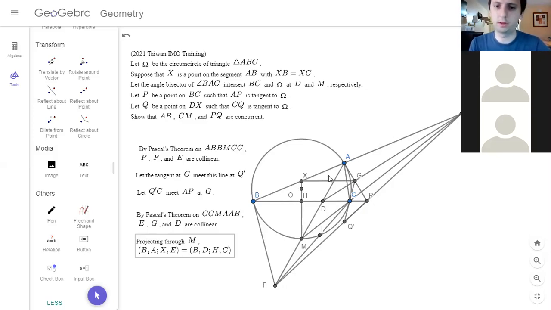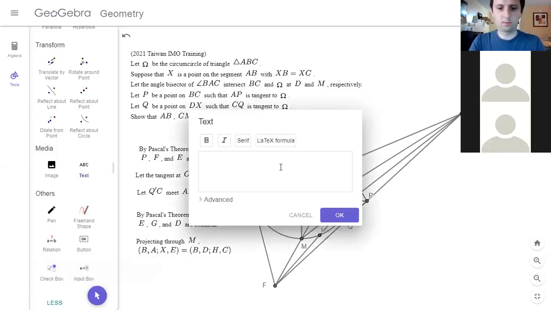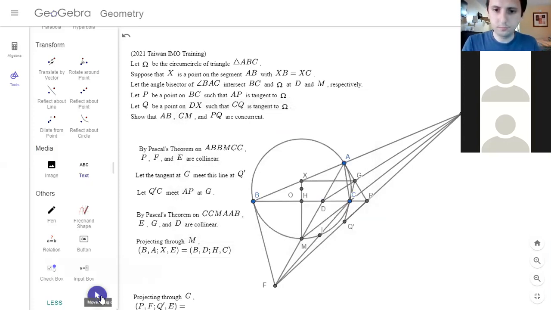No, projecting through C. That would be BCI, BICM.